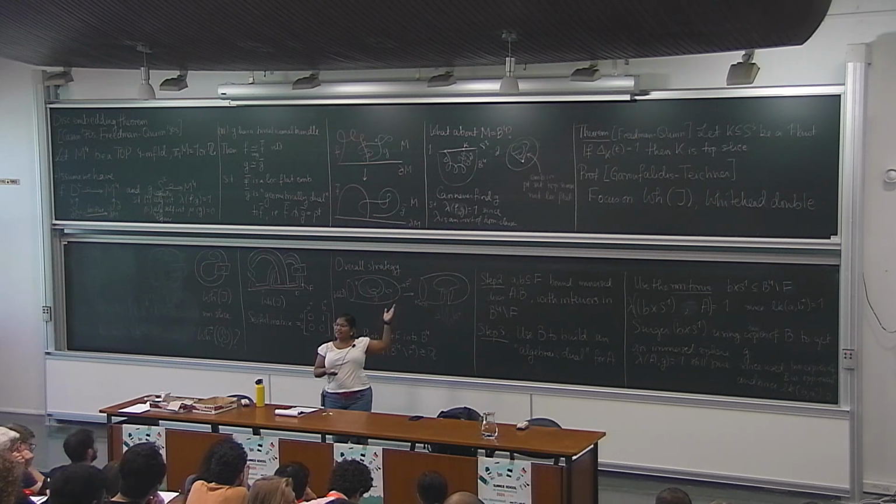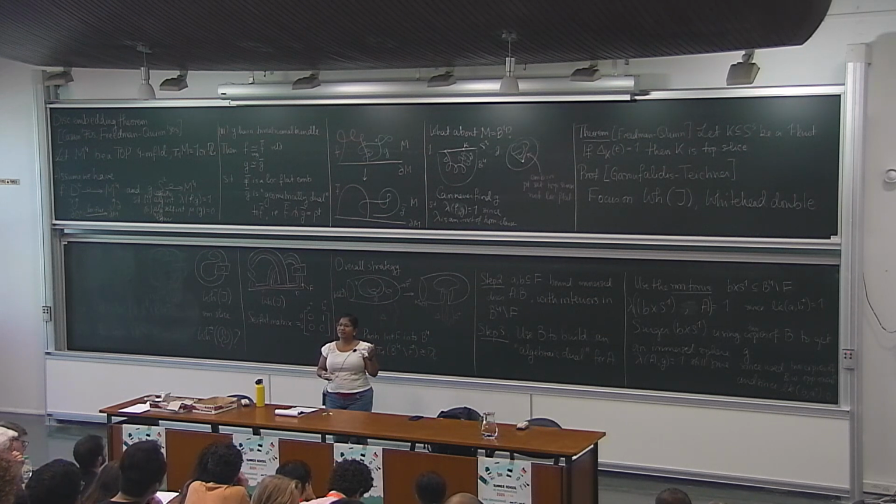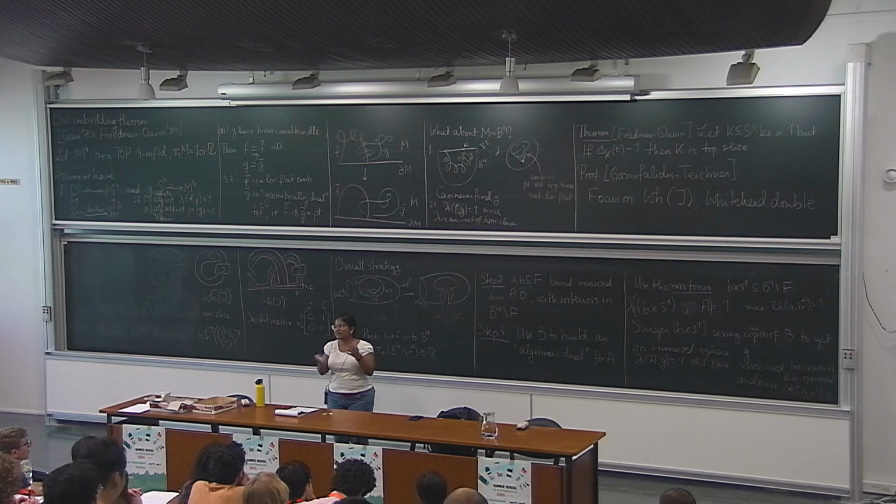One of the things I really like about this construction is that the condition is so simple. All you have to check is this very algebraic condition of Alexander polynomial 1, and then you get this cool topological output. And in general, in the topological setting, this is a theme. And you'll see more of this when we talk about uniqueness as well.